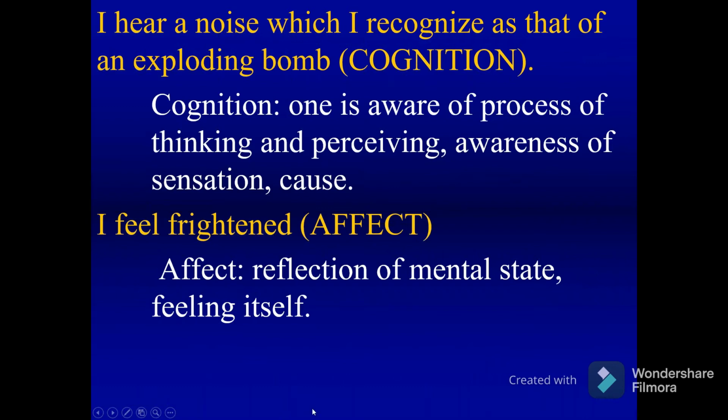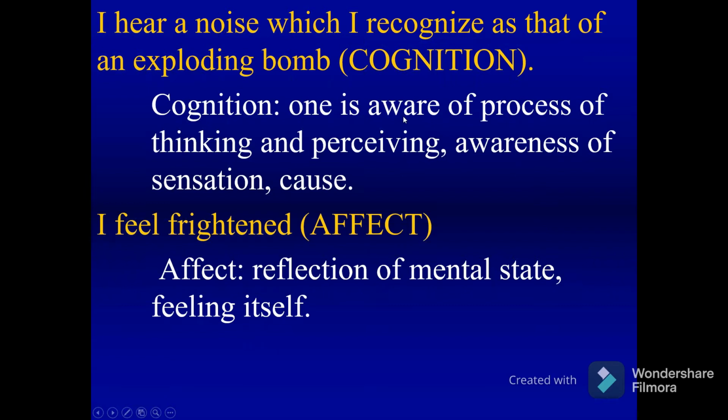We'll take one example. I hear a noise which I recognize as that of an exploding bomb. Now here we find it is a cognition. Why is it a cognition? Because we are aware of the process. So I recognize a noise, and I recognize that noise as that of an exploded bomb.